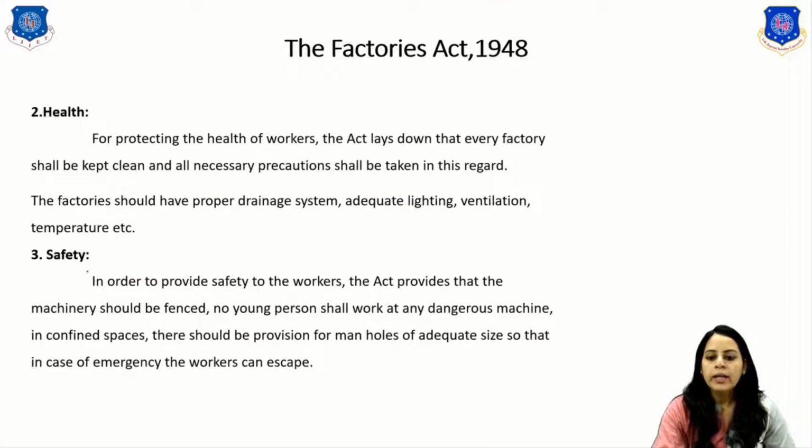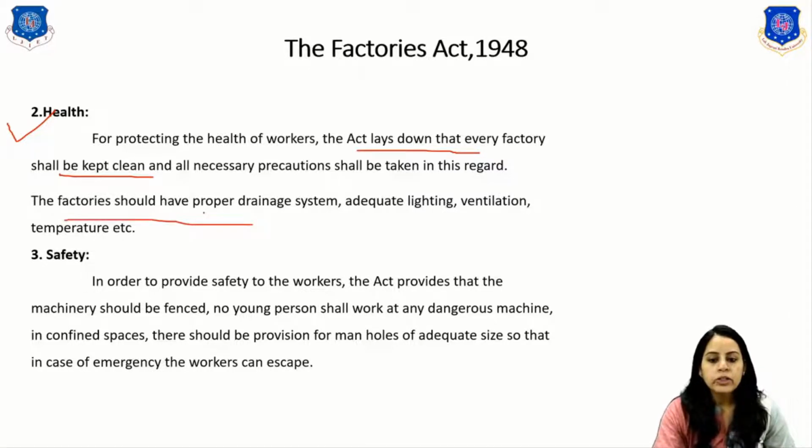Then the second one is health. For protecting the health of the workers, the Act lays down that every factory shall be kept clean and all necessary precautions shall be taken in this regard.